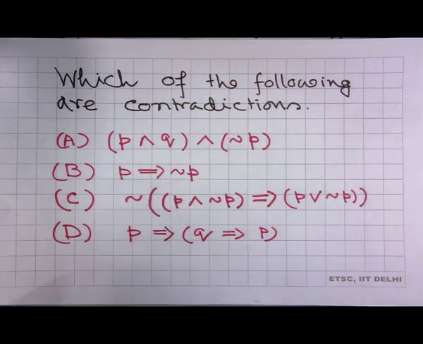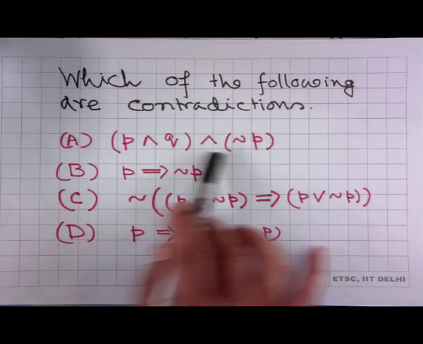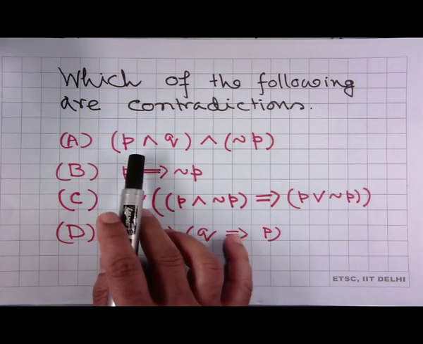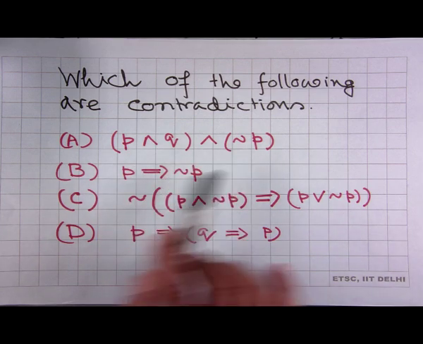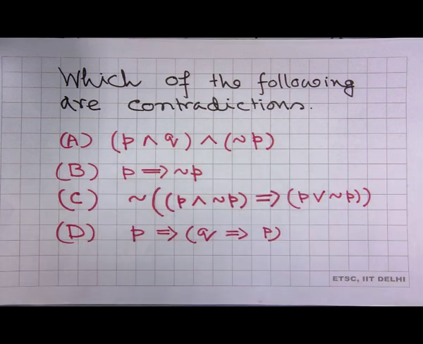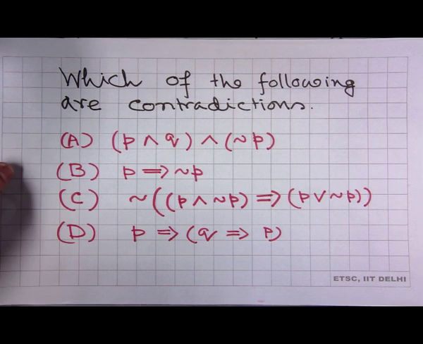In this case, we have P and Q, or in this case it is singleton P, which is the variable. So, we have to see against different arrangements of truth values for P and Q, whether they are giving F for all possible combinations.